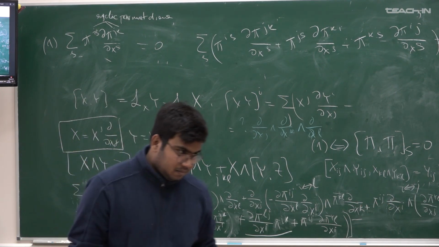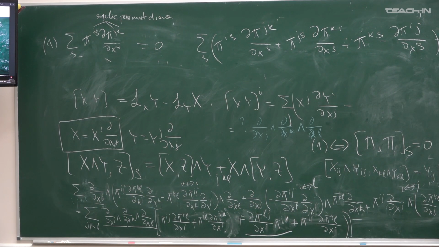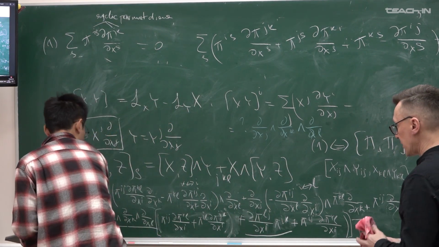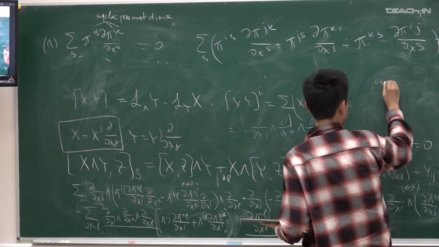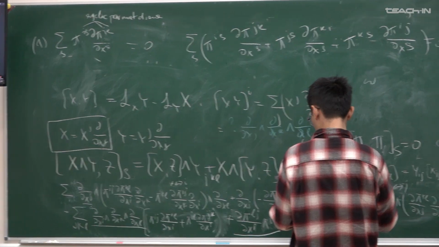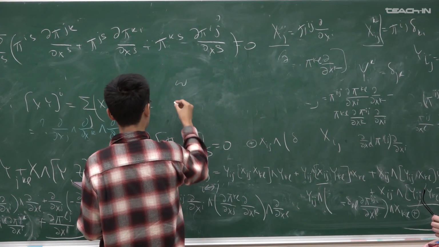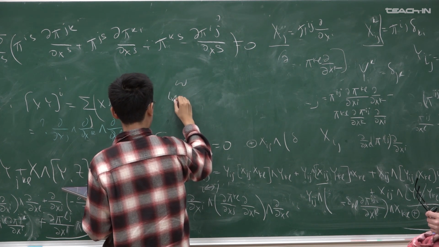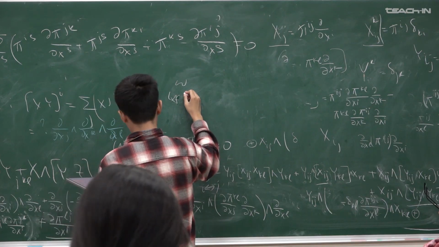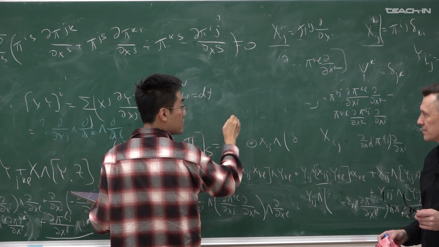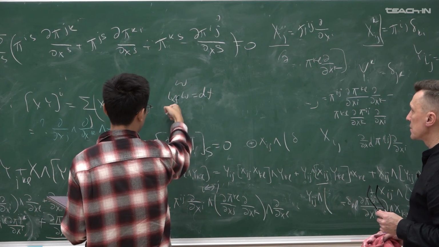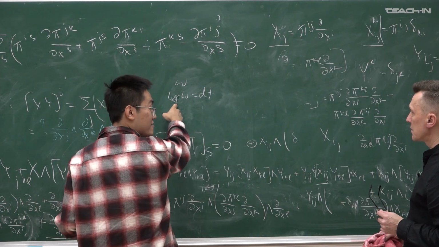We have almost reached it. If we have a symplectic form, we could define a Hamiltonian vector field.